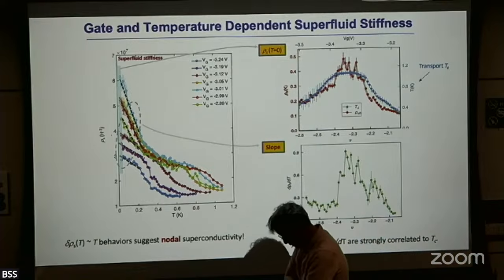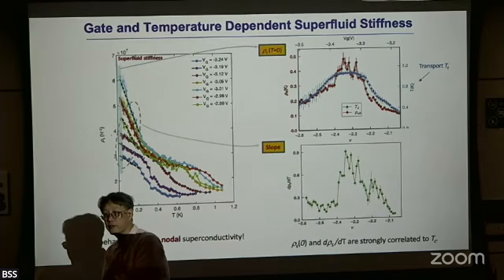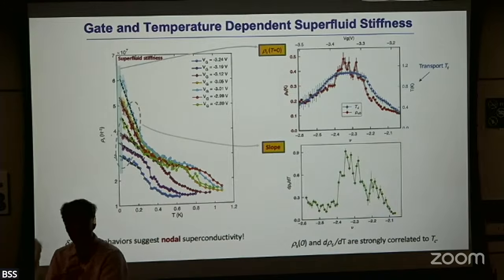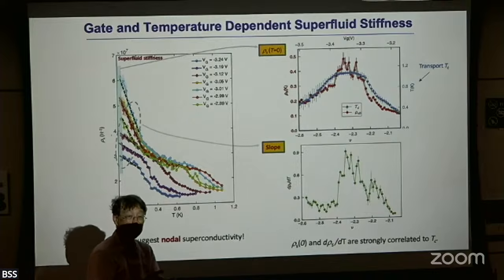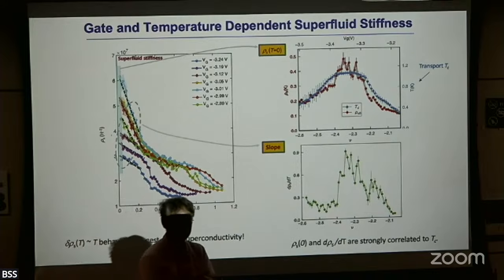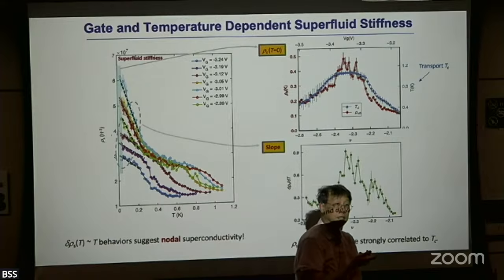That quick summary is that using the microwave reflectometry type of measurement, one can measure the inductive response of the superconductor, and of the 2D superconductor, through this kinetic inductance measurement.